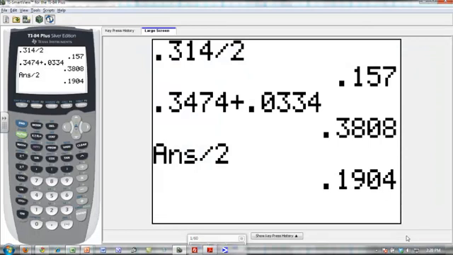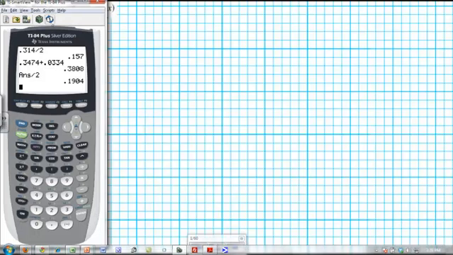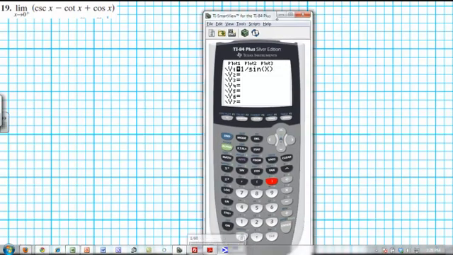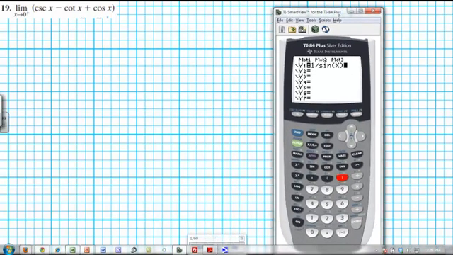All right, so let me cover this up, move this over here for a second, and let's go ahead and put into our grapher cosecant, which is 1 divided by sine of x, minus cotangent, which is 1 over tangent of x.